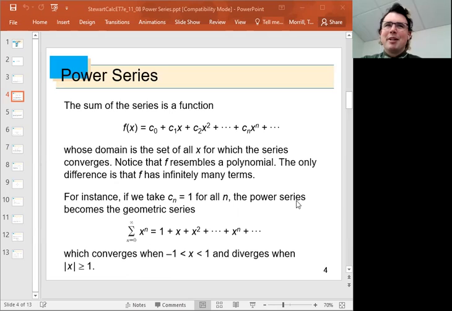Previously, I talked about this formula using r for some common ratio. But if I'm thinking about this as giving me a number which depends on my input, it's a little bit more traditional to use x's instead. Your variable names can be whatever letter you like. We're just following convention.